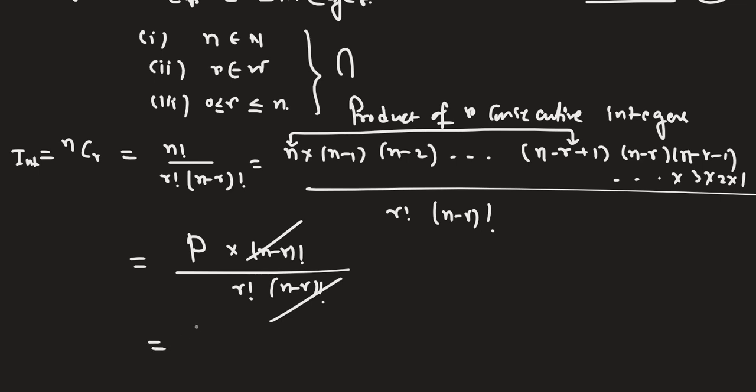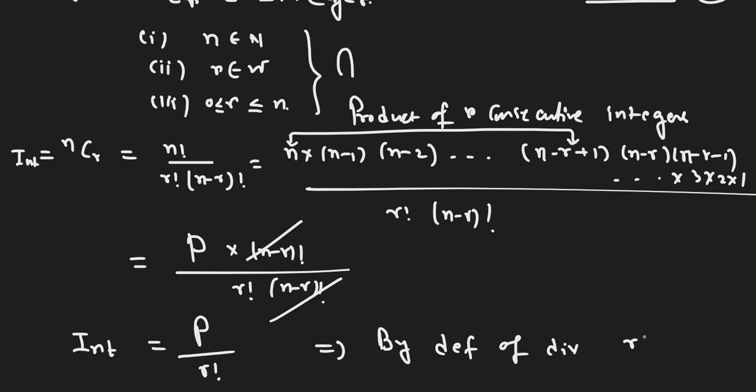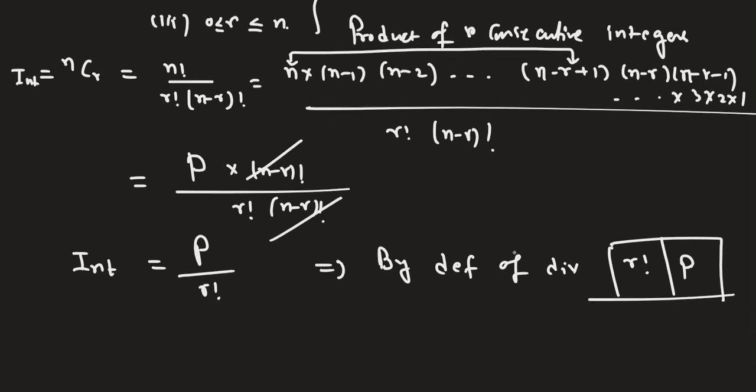These two cancel out. What we have? P by r factorial, which is nothing but an integer. So by the definition of divisibility, we know that r factorial divides this product P. So we have the general proof of this result with the help of combinations.